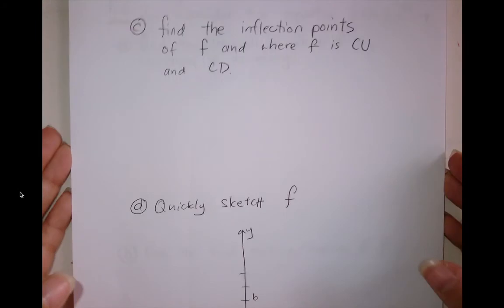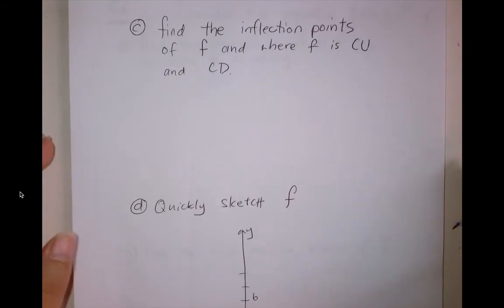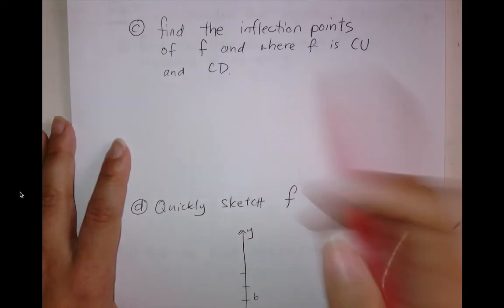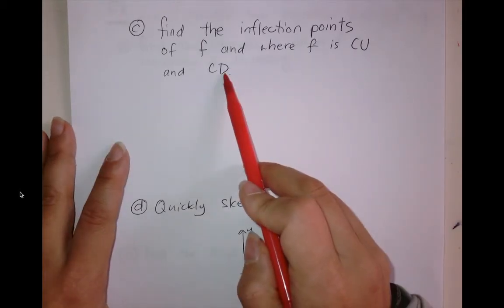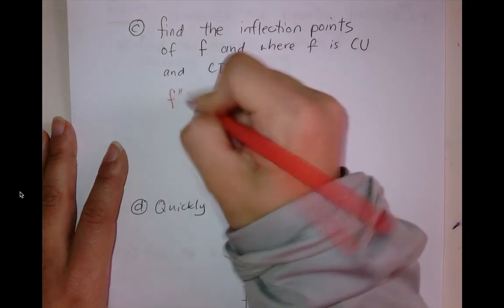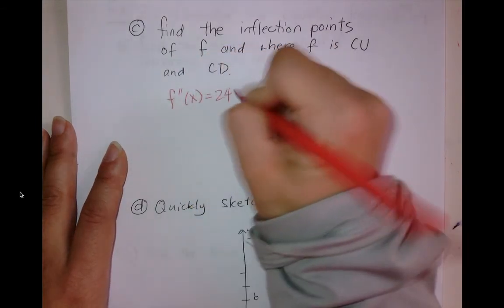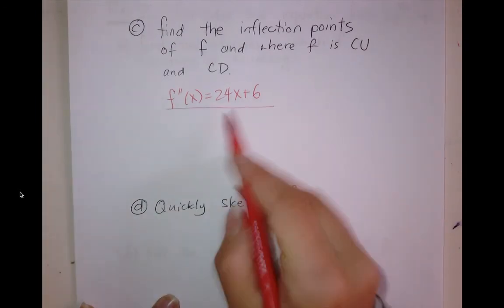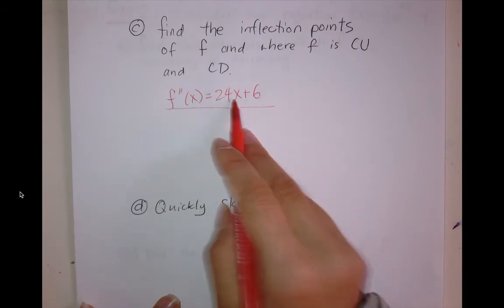Okay, so moving on, part C asks us to find the inflection points of f and where f is concave up and concave down. So remember that the second derivative tells us about concavity. So I'm going to go ahead and take the second derivative of f. Okay, now I want to figure out where this is positive or negative. So I'm going to find the critical numbers, find where it could have changed sign.